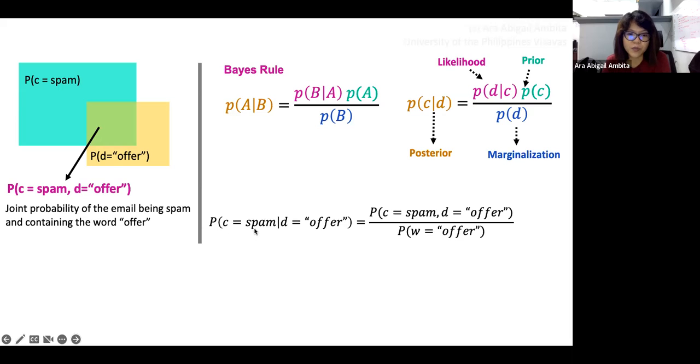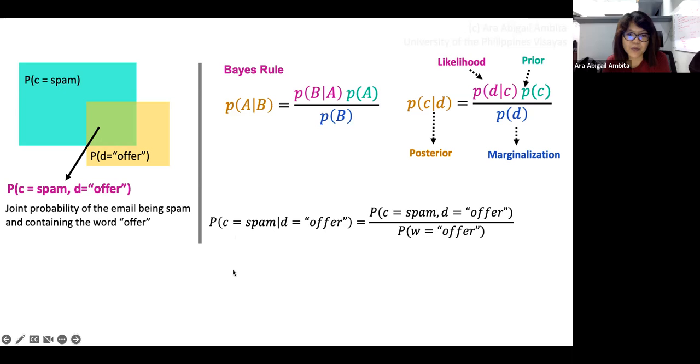Okay, so what would be the probability that the email is spam given that the word offer appears in the email? What we mean by this is our hypothesis is that the email is indeed spam, okay?